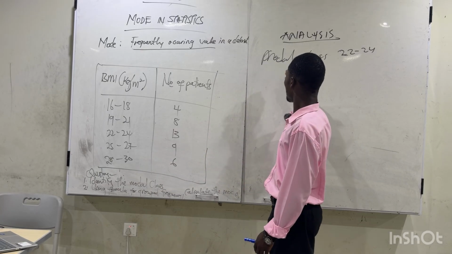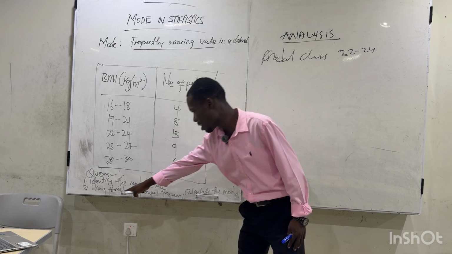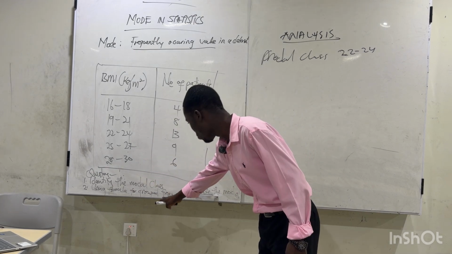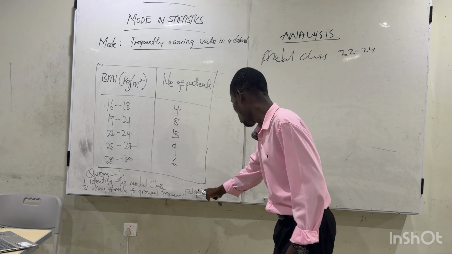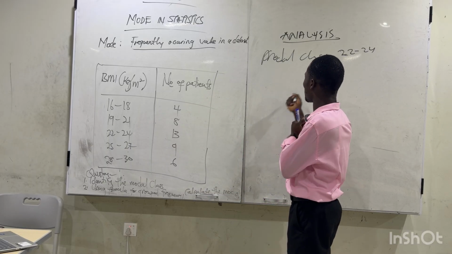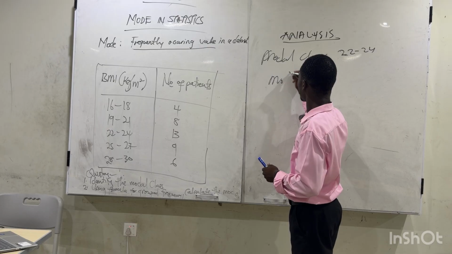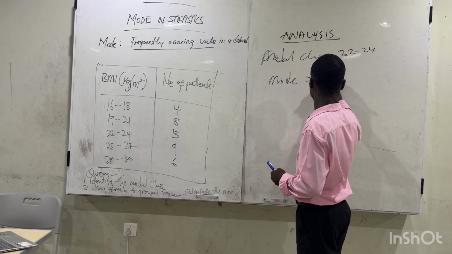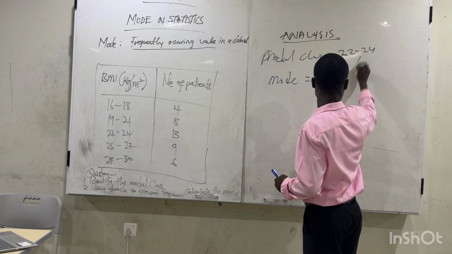The next thing is that the question says, using the formula for the grouped frequency table, we have to calculate the mode. This is the formula: Mode is equal to Lm plus.